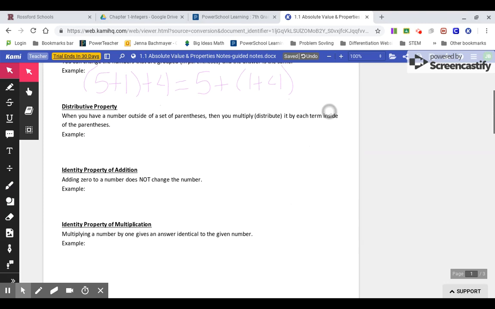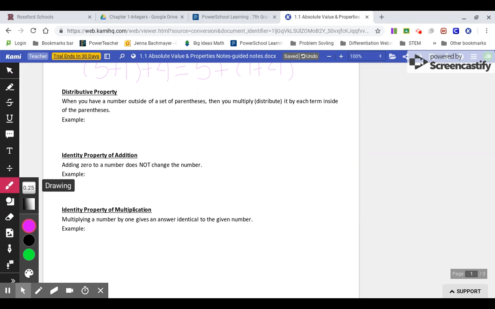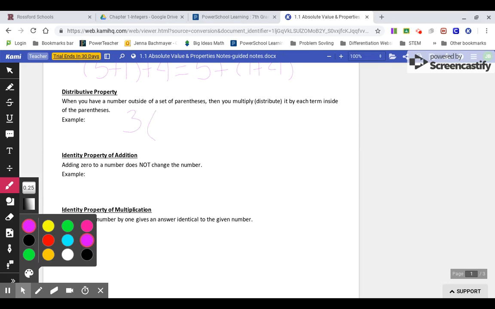Okay, so next we're looking at the distributive property. When you have a number outside of a set of parentheses, you can multiply or distribute it into each of the numbers inside the parentheses. So what that means is if I have 3 times (2 plus x), I am going to distribute this 3 to everything inside.